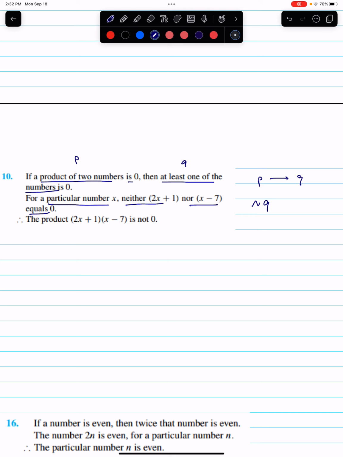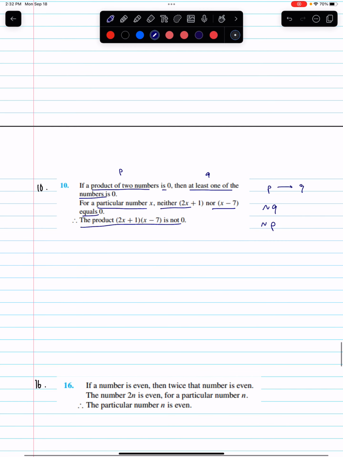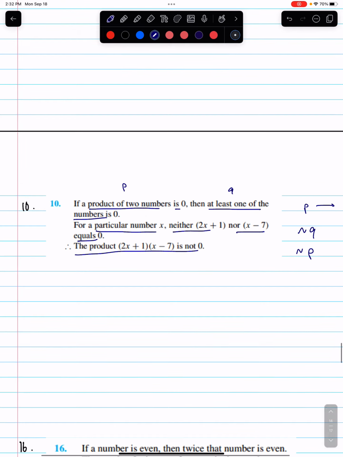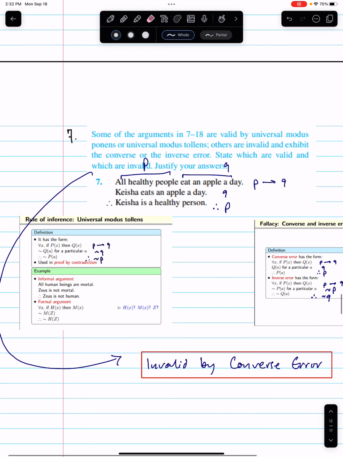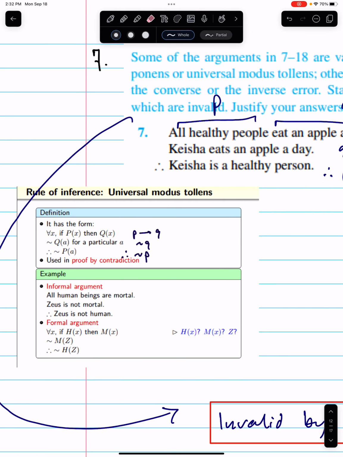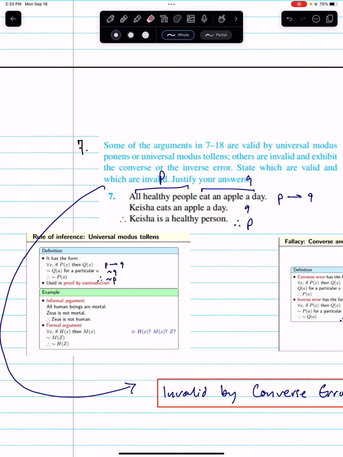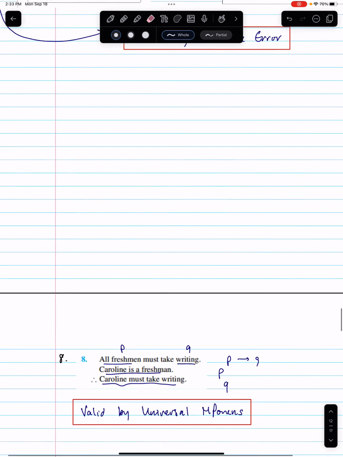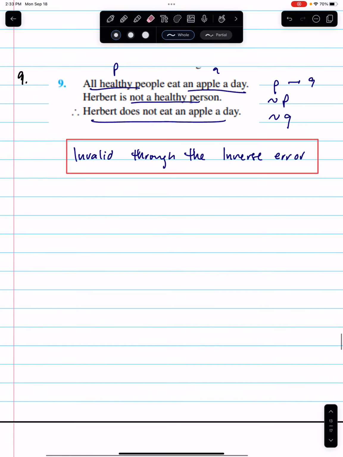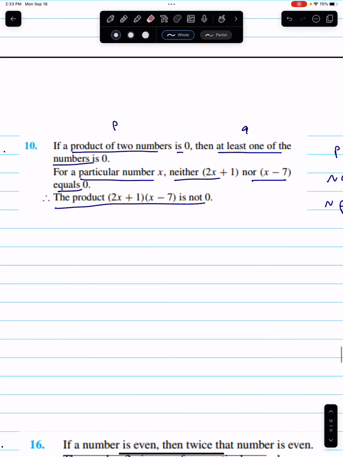But neither of these is 0. So that's the negation of Q. Then they say the product of these two terms is not 0. So that's negation P. So if you recall, this is modus tollens. I'll go back up. Yeah, modus tollens. If P then Q, you say not Q, and then you can conclude not P.